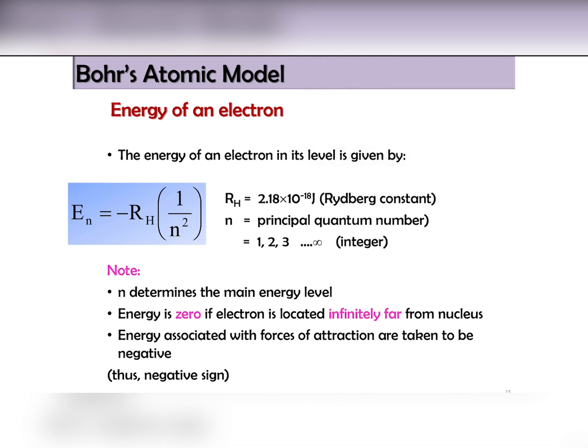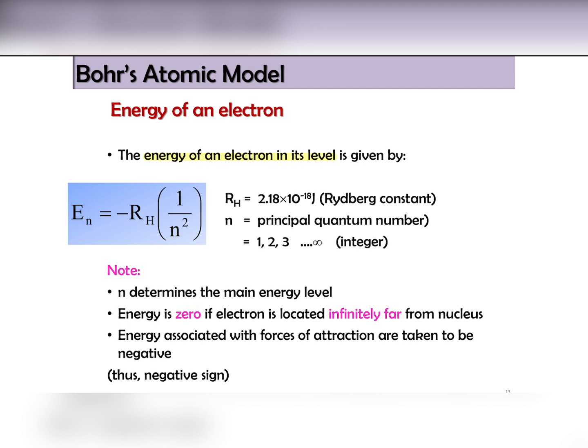Right, so for energy of an electron in its specific level, kita boleh kira dengan menggunakan this formula. For this formula, it is En. E means energy and n is the specific level.